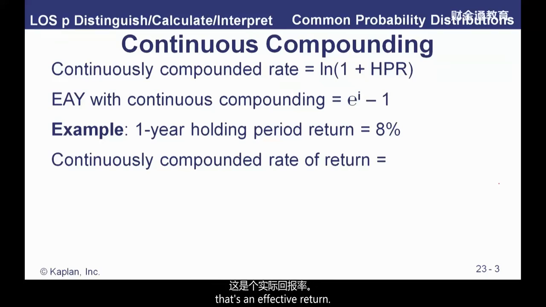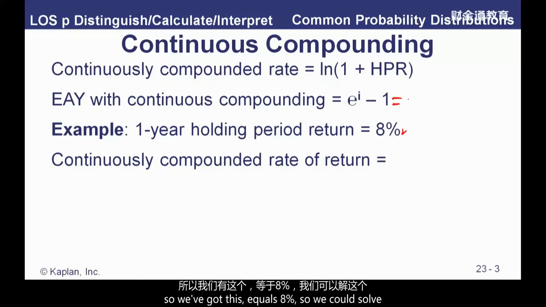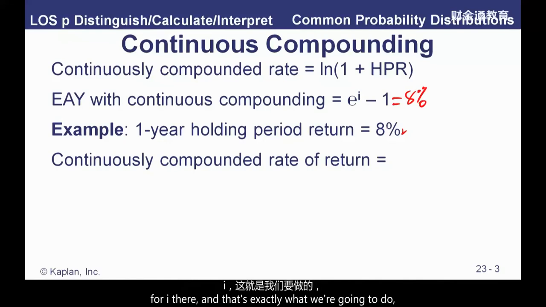So that's an effective return. And if we want to find the continuously compounded rate of return, well, let's see. We want the effective annual yield. That's what we've got. So we've got this equals 8%. So we could solve for I there, and that's exactly what we're going to do.